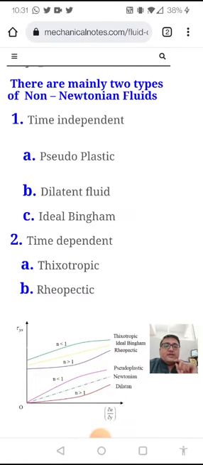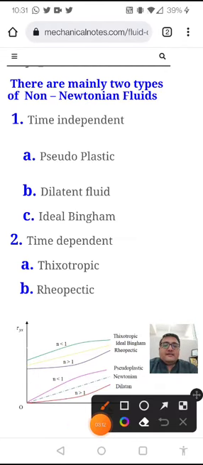Okay, the fluid which does not follow Newton's law of viscosity is called non-Newtonian fluid. Correct? That is the definition of non-Newtonian fluid. There are two categories in it: one is time independent, and another one is time dependent.